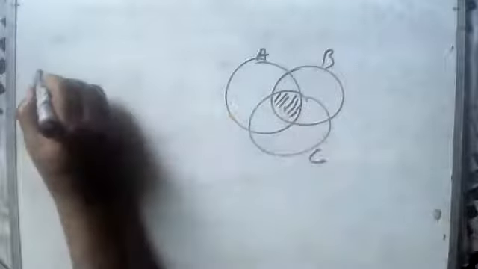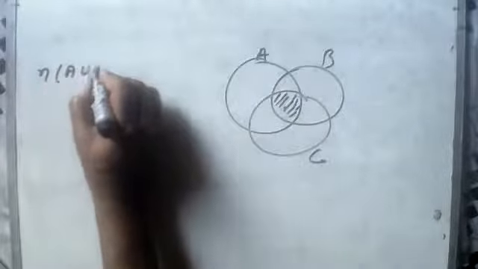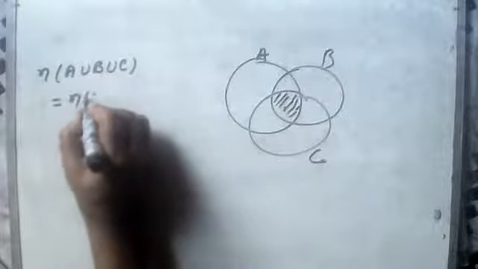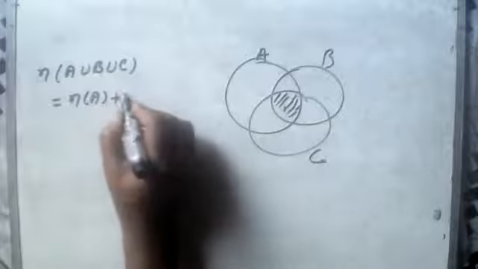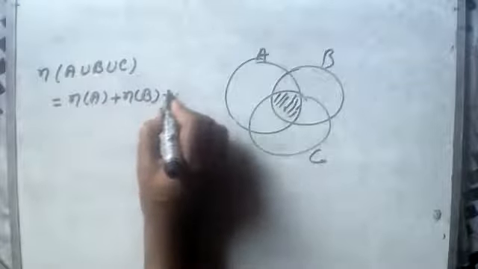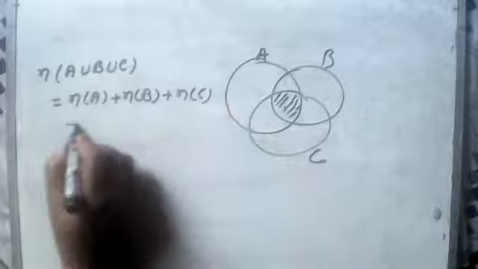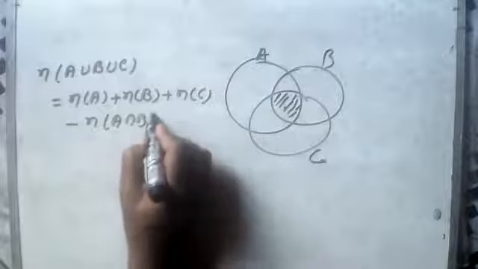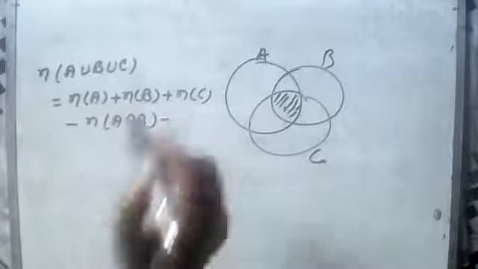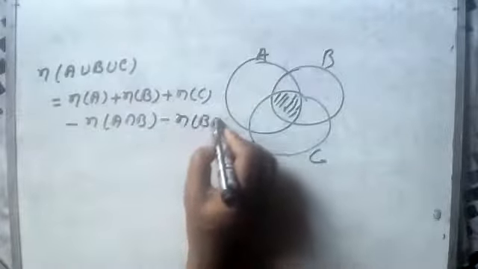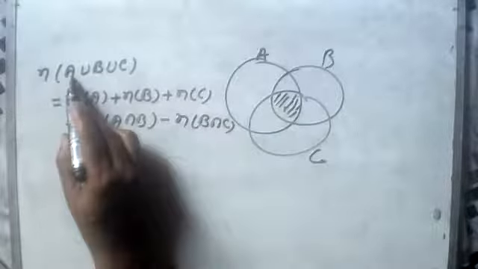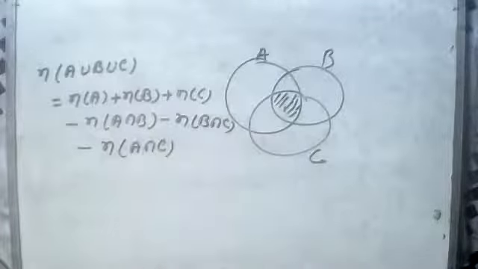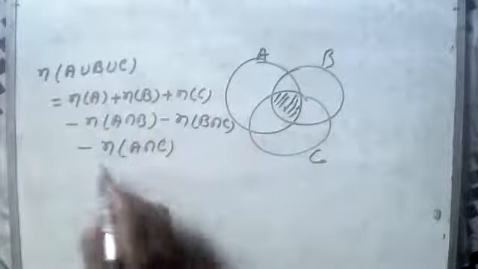Now, the formula: n(A union B union C) is equal to n(A) plus n(B) plus n(C), minus n(A intersection B), minus n(B intersection C), minus n(A intersection C). This is the cardinal number and represents the cardinality of the sets.